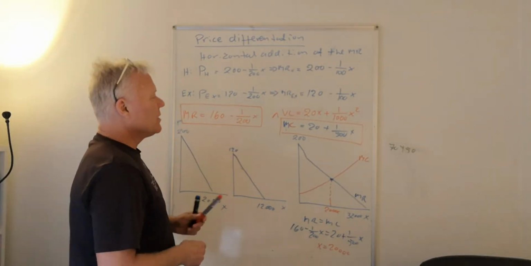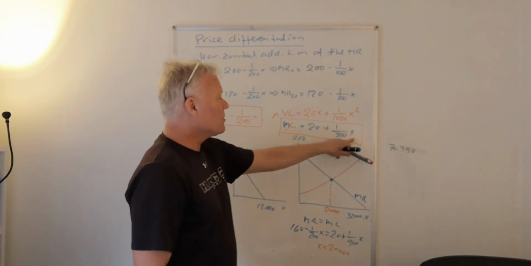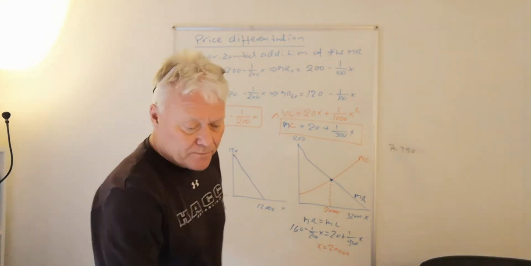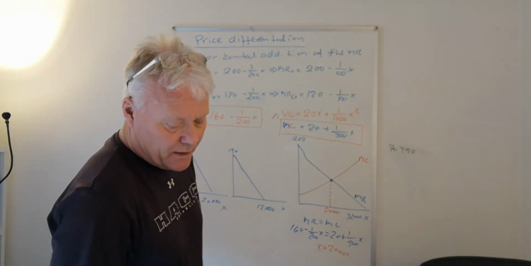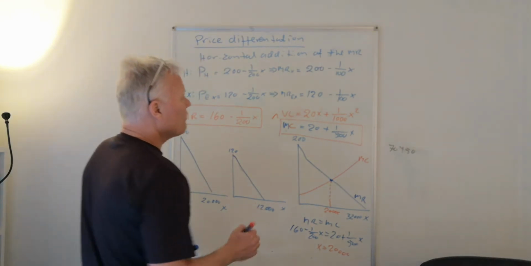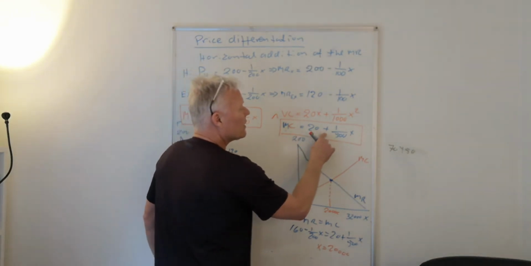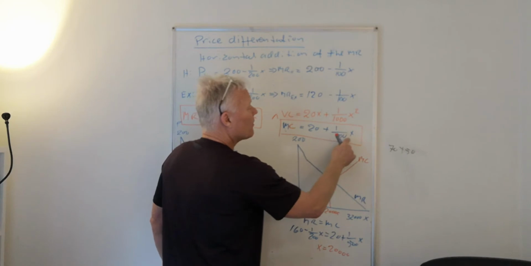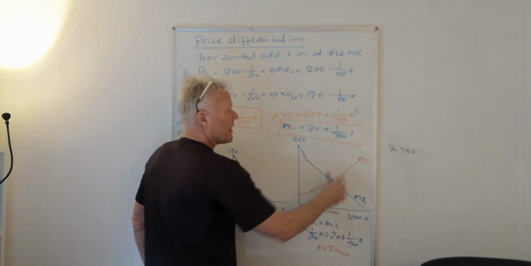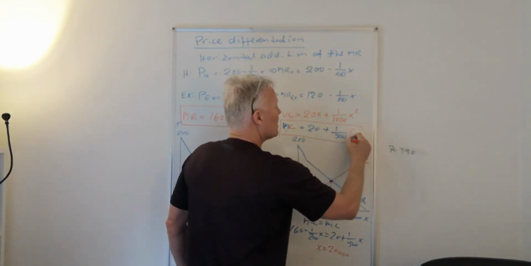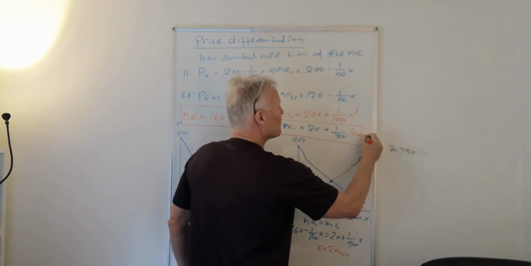So what I do is that I put 20,000 into this equation, and I find 20 plus 1 over 500 times, instead of x, 20,000.